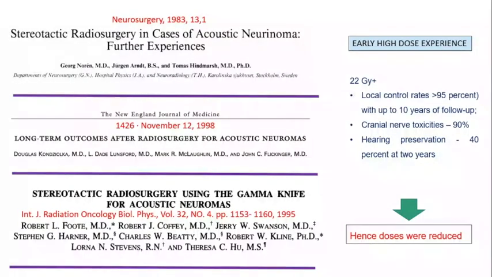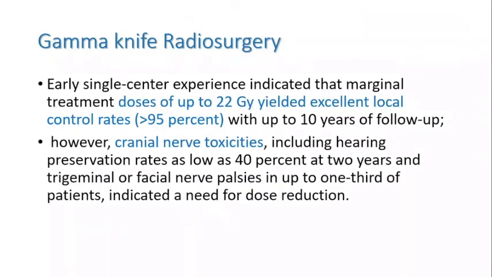So how has stereotactic radiosurgery progressed? I think if you look at the early experience, you will find that when dosages of 20 plus grays were initially given, you had a very good local control rate of 95%, but the cranial nerve toxicities were almost to the tune of 90%, and hearing preservation was very, very low.